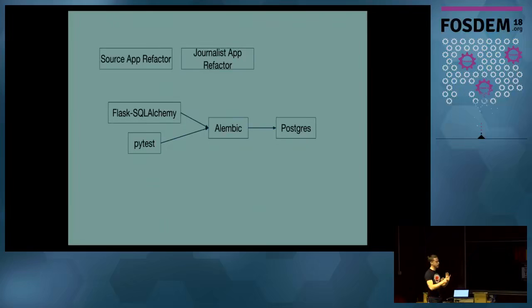So even to make this one change of preventing the source application from being able to read data like the password hashes and usernames of journalists, there are many steps to get there. It's not actually a terribly interesting task. This is what I do day to day, and it's actually quite boring.